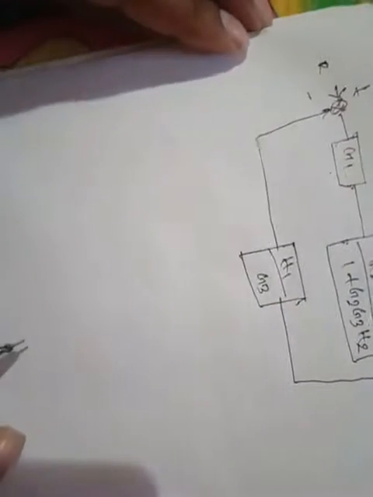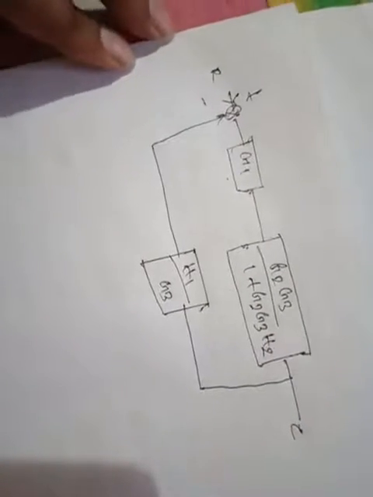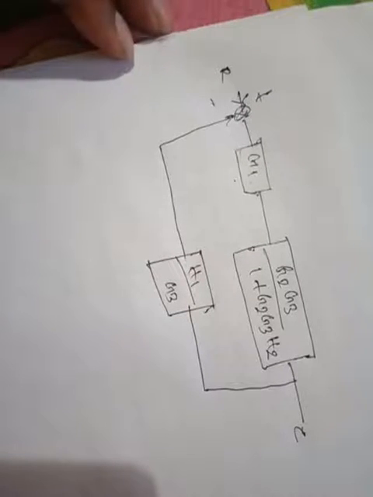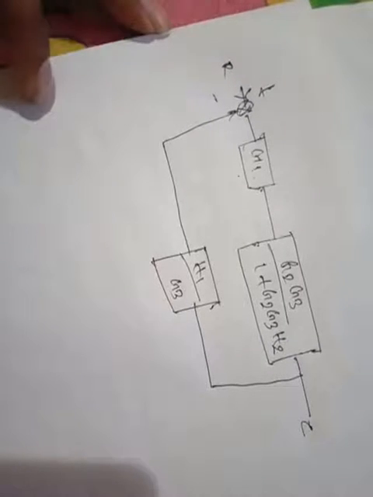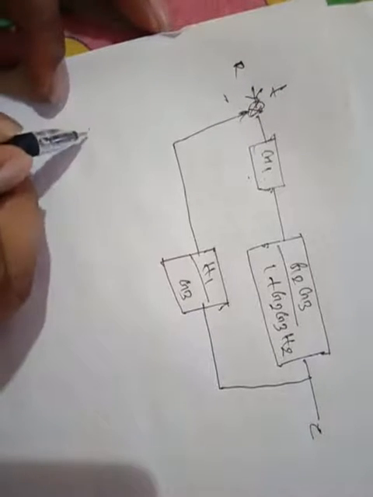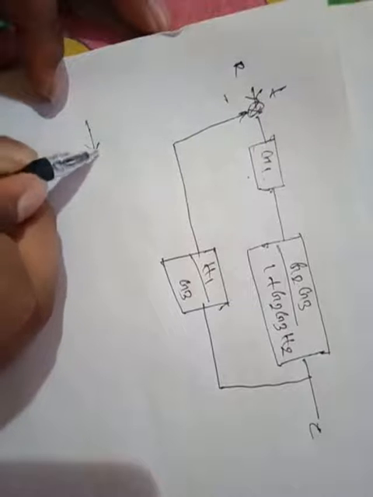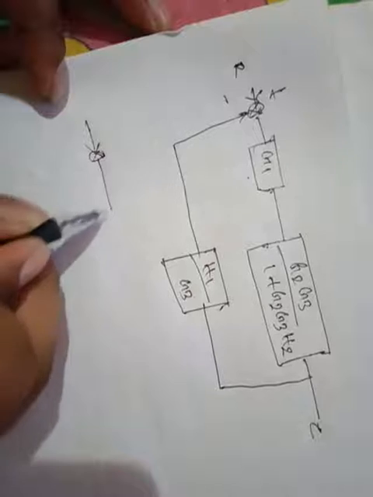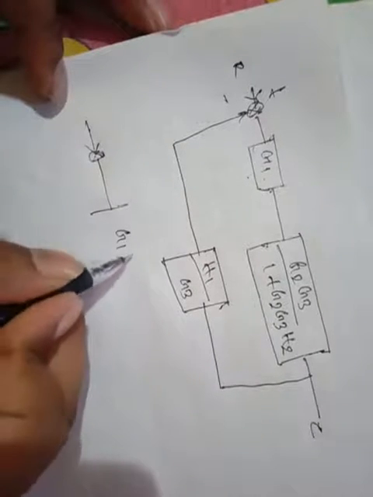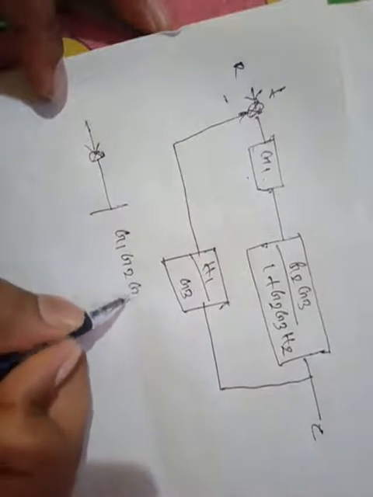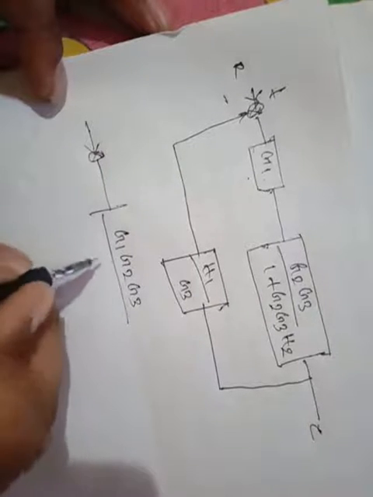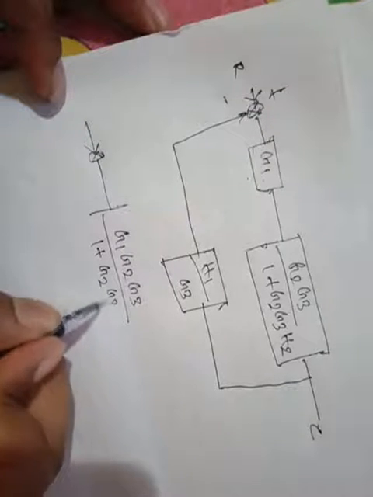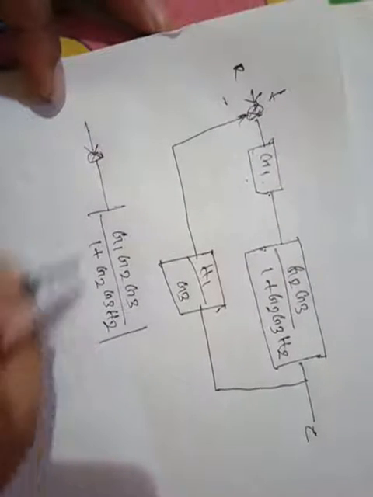Then G1 multiplied by G2 into G3 by 1 plus G2 G3 into H2. And the result, the summing point, is G1 into G2 into G3 by 1 plus G2 G3 into H2.